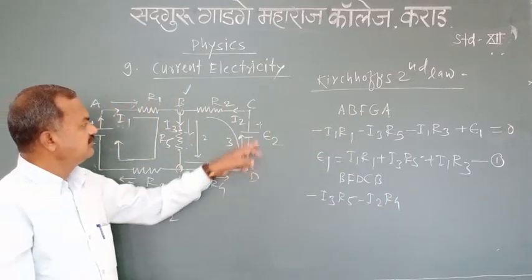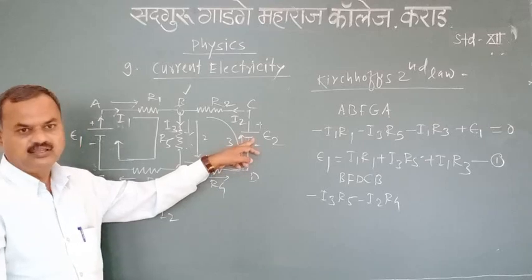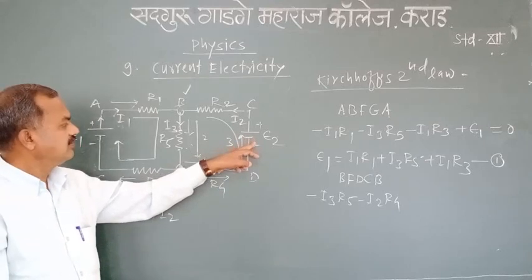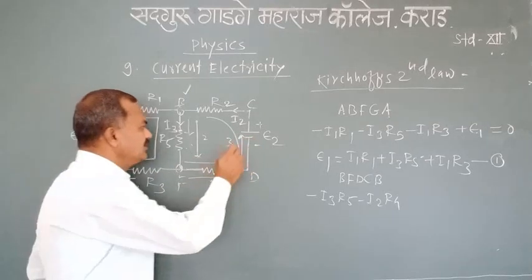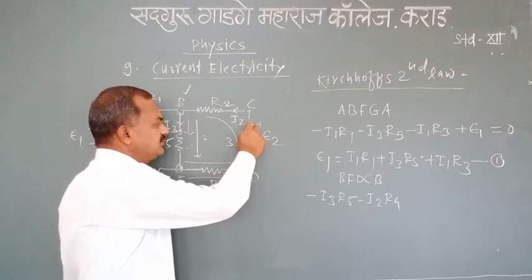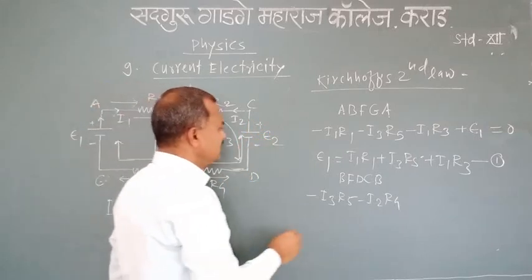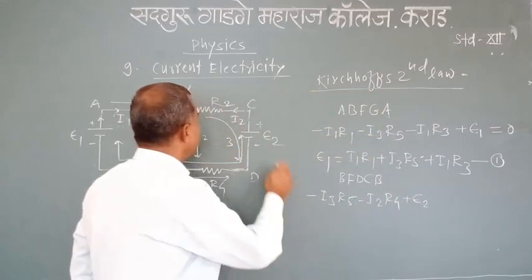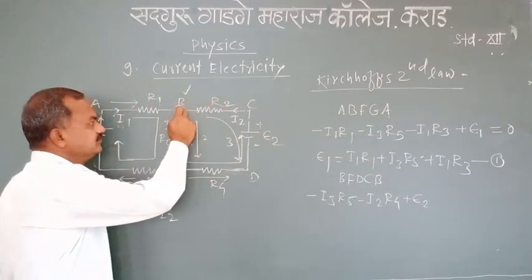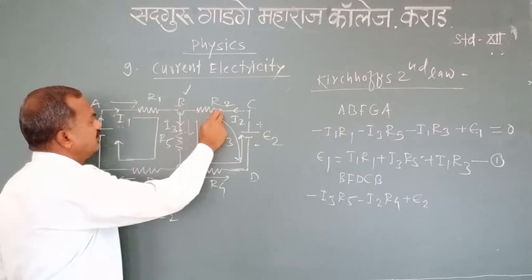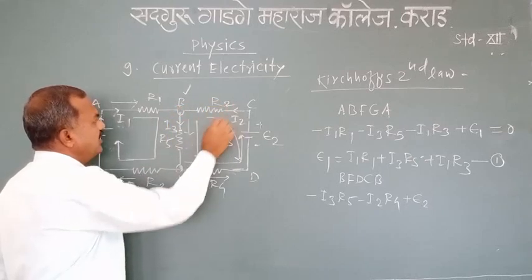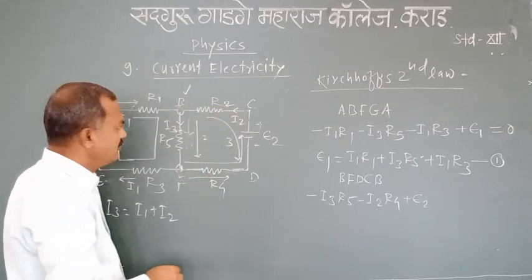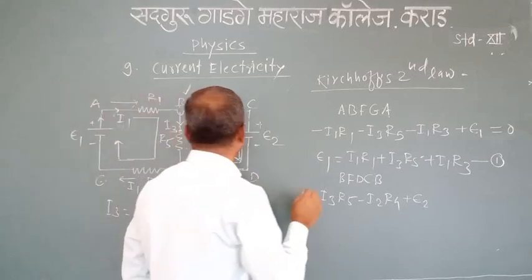Then from D to C, there is a cell. We traverse within that cell from the negative plate to the positive plate. Therefore the EMF of such a cell becomes positive. Last, from C to B, resistance R2, current I2 having the same direction, the product becomes negative.